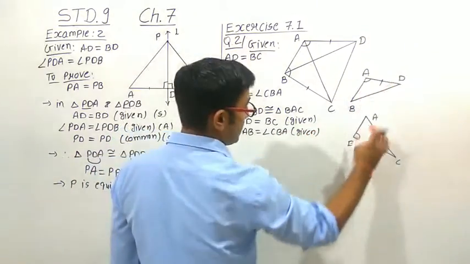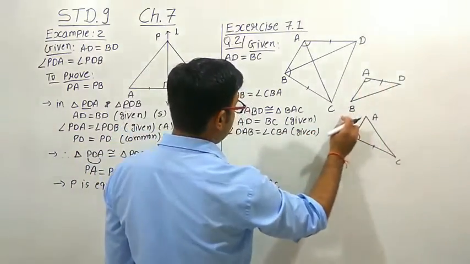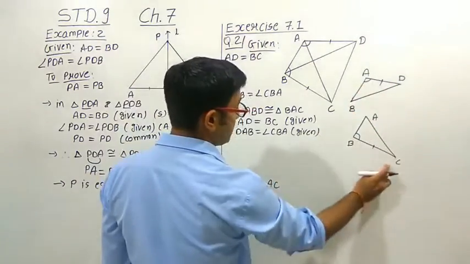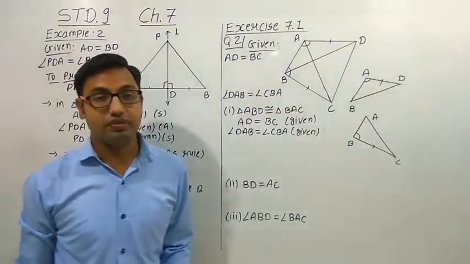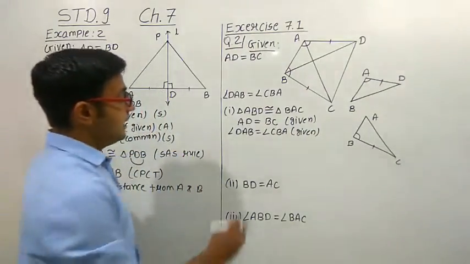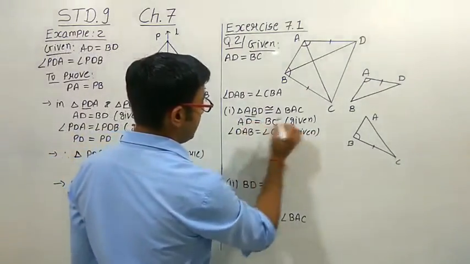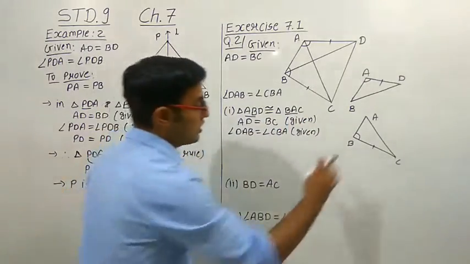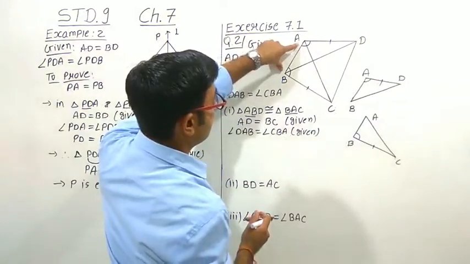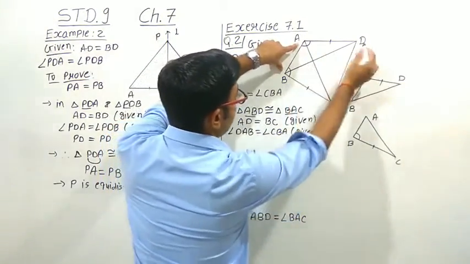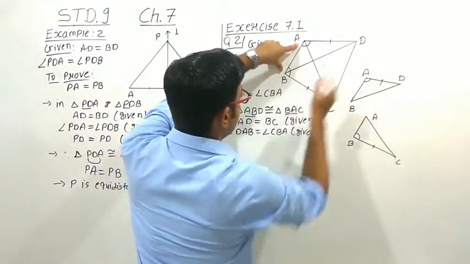See, this AD side and BC side are equal. Angle DAB and angle CBA are also equal. Now think about the third condition. What will be the third condition? In both triangles, side AB, or BA, this side is common. If we consider ABD, AB side is there.